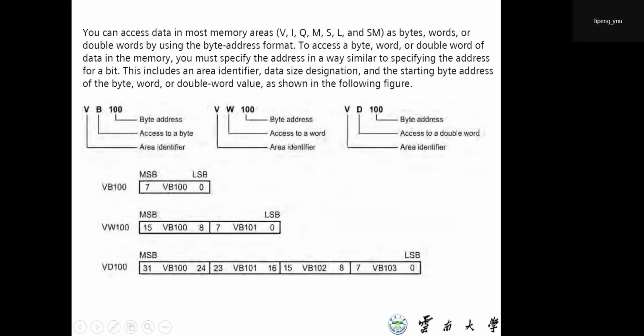So we can see if the variable is in the memory V, and V B 100, it means these variables. The 100 is a byte address.